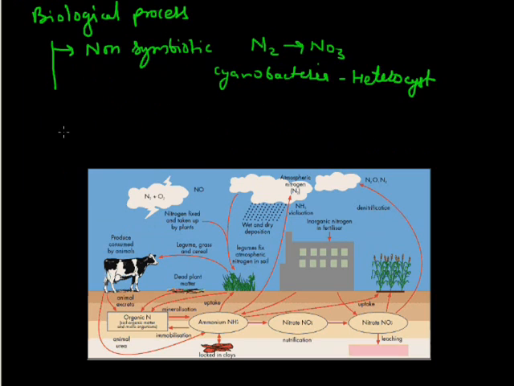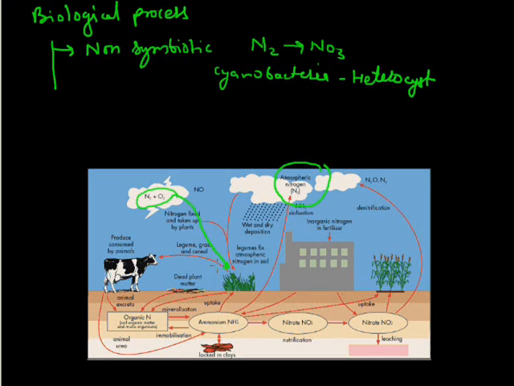This is the cycle we discussed already. The atmospheric nitrogen converts into nitrate, or NO3, which helps the plants grow. During lightning, this nitrogen reacts with oxygen and converts into NO, and comes onto the land through rainfall and helps in the growth of plants.